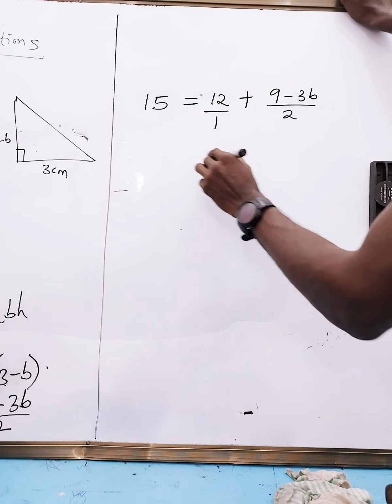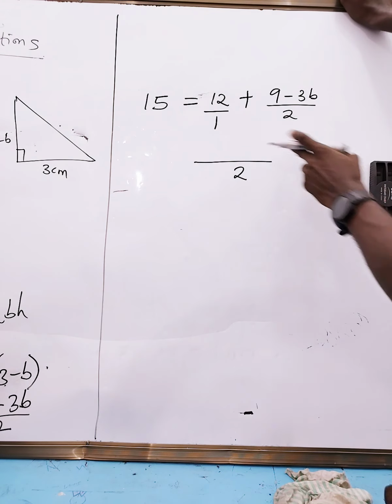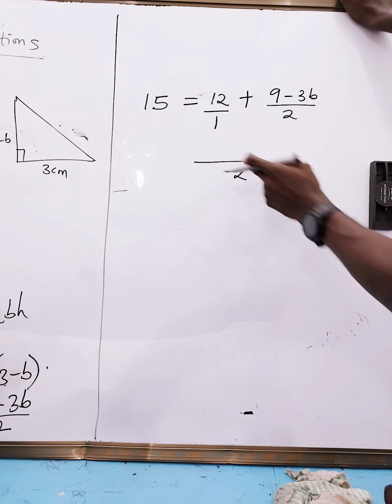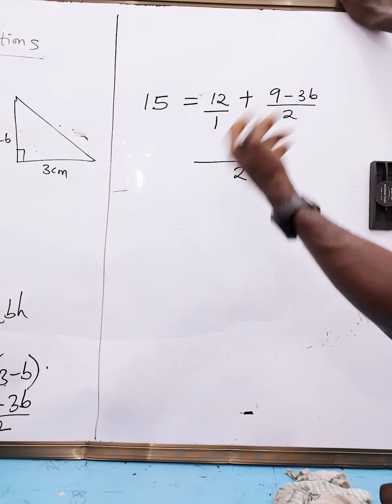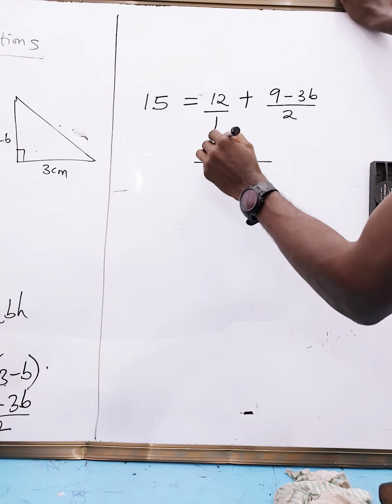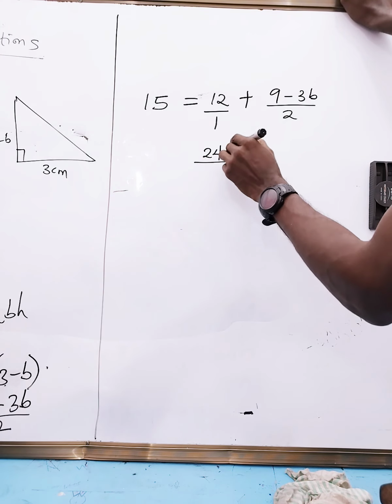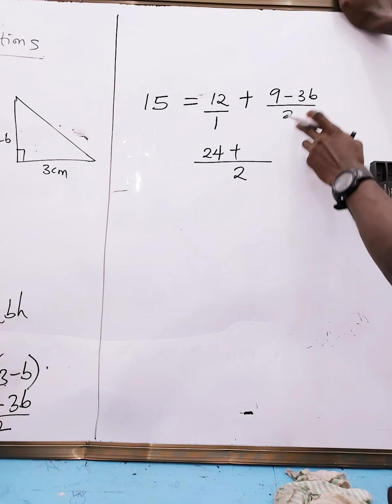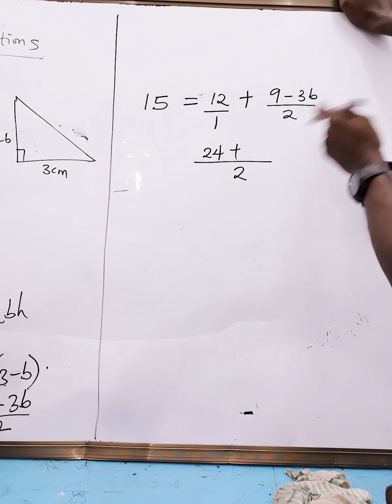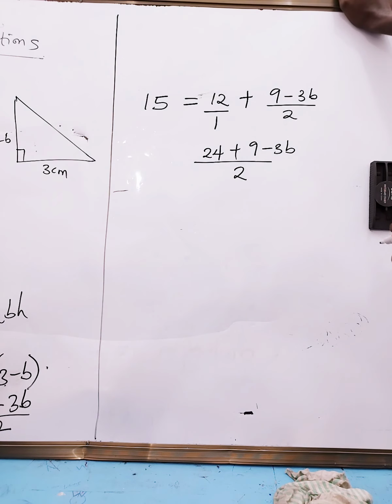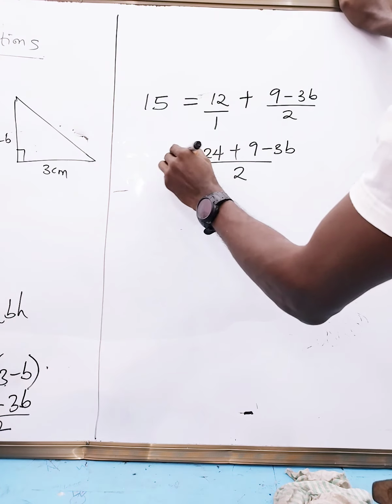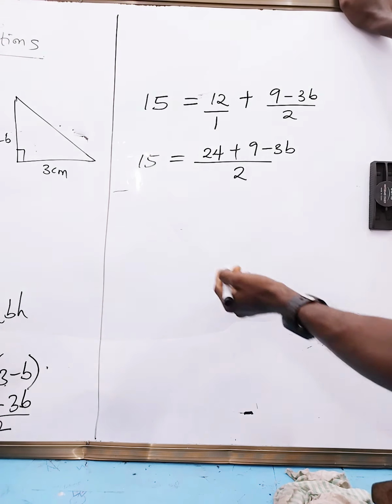The LCM of 1 and 2 is 2. 2 times 12 is 24, plus 2 divided by 2 is 1, so everything remains the same. We have 9 minus 3b, and this equals 15.